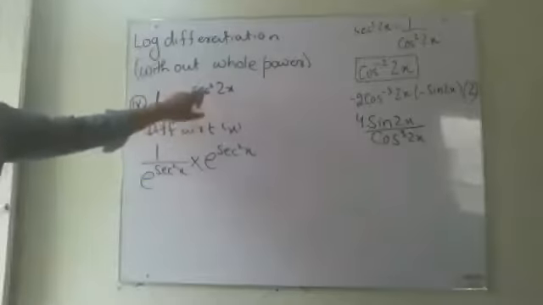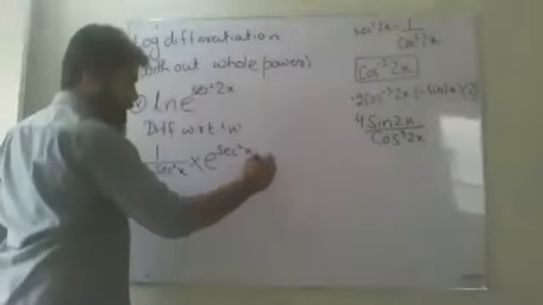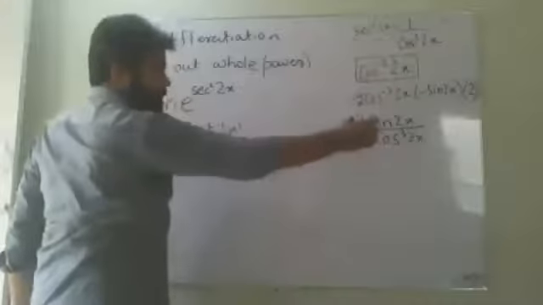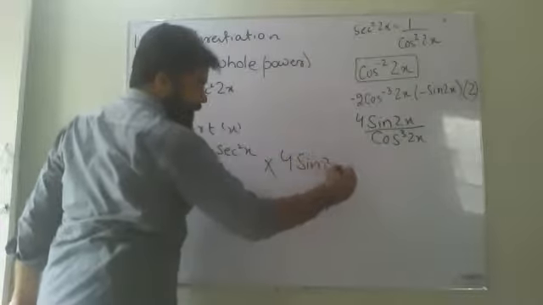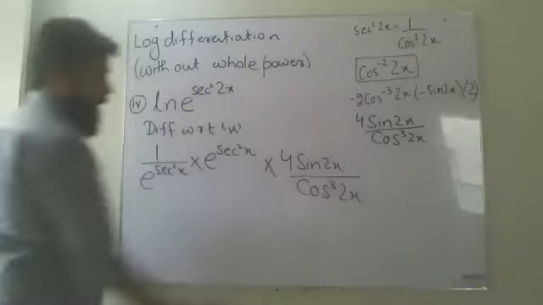So the differentiation of this thing, which is over here, is basically this. It's in front of you. I'm not showing this step. You can show it on the rough work. I'm doing it directly over here: 4 sin 2x over cos cube 2x.